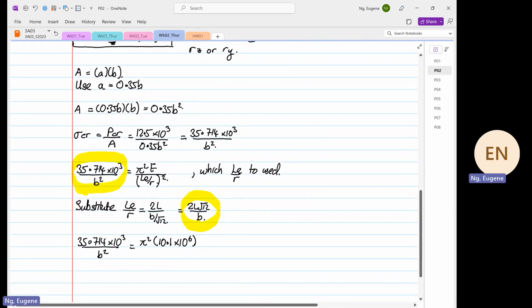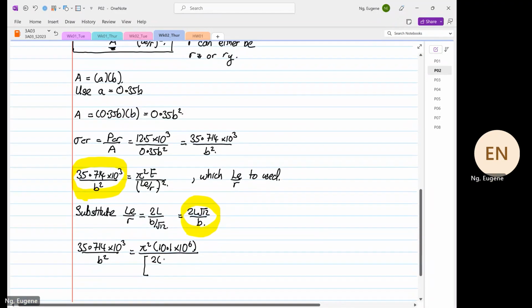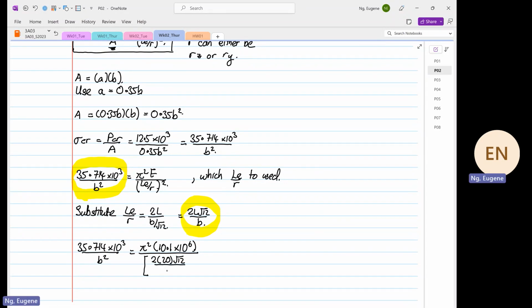And then our LE over r, so this will be equal to 2 multiplied by L, our length is 20, then we have square root 12, and then over here we have a b and the whole thing squared.